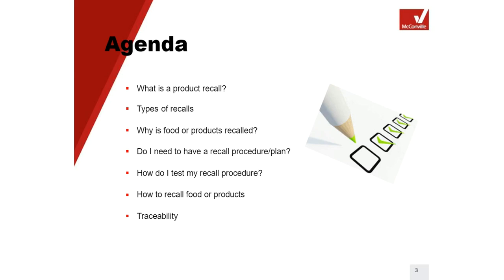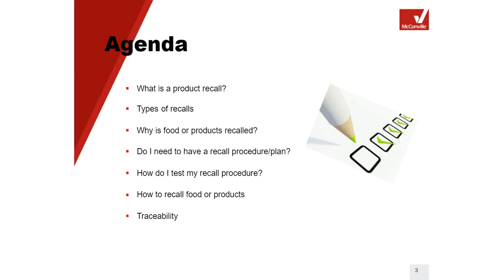Really, the main focus of a food recall is to ensure that food has been quarantined and that we can remove any affected products from shelves so that people don't get sick or, worst case, die from food poisoning. Also, as I go through this presentation, I might use the words food recall or product recall. They are exactly the same thing.